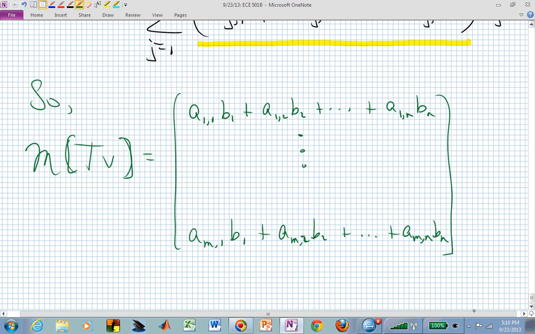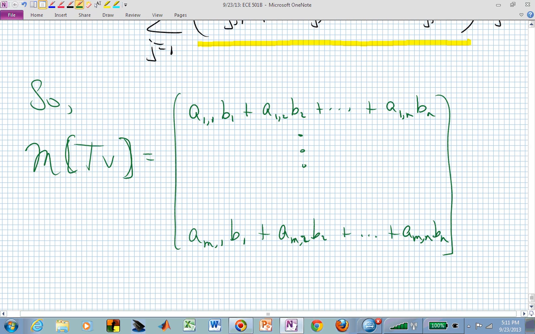What is this beast in this bracketed notation? What are the dimensions on that object? How many rows do I have? M, right? The number of output, or the dimension of my output vector, or the number of bases in my output vector space.